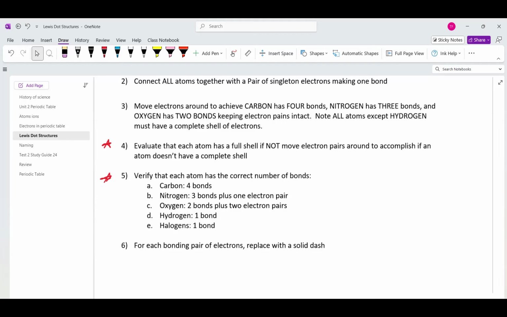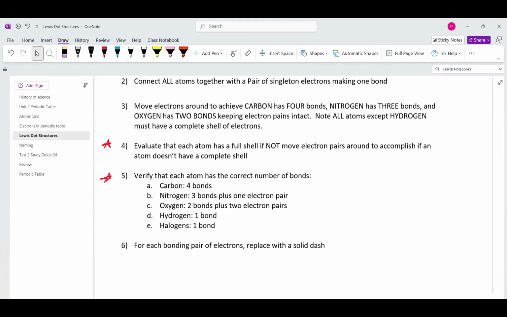Carbon, because it has more singletons. Okay, I'm going to put carbon in the middle, and then the oxygens are going to surround that carbon. And I'm going to put the pairs together, just moving them around like I did with the water. Okay, so that's step 1.